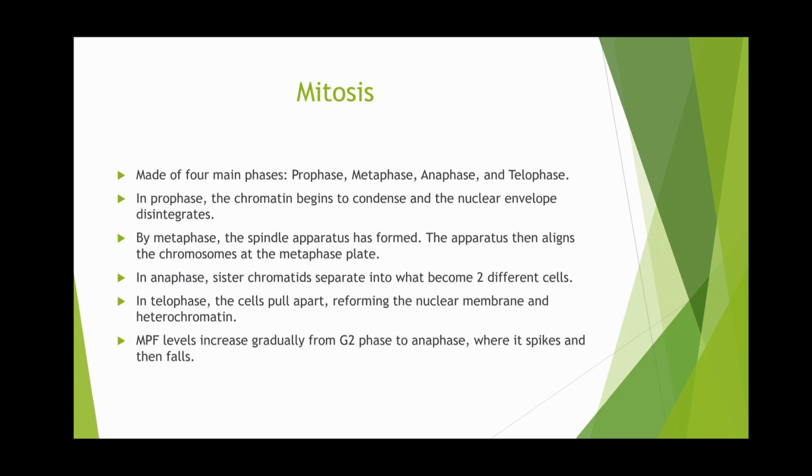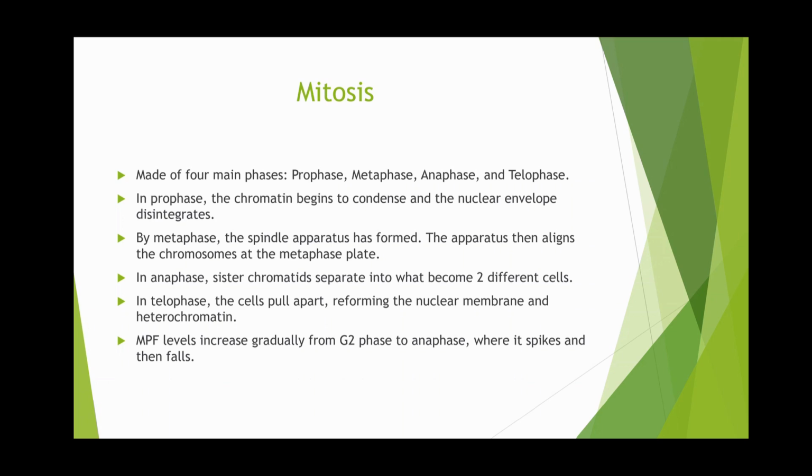So by metaphase, the spindle apparatus is formed. It begins forming in prophase, but it finishes forming in metaphase, and the spindle apparatus provides structure for the cell during cell division because the cytoskeleton is really disrupted. It's beginning to disintegrate, so there needs to be something to provide structure to conduct the whole process.